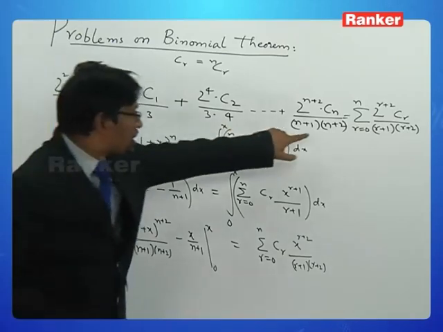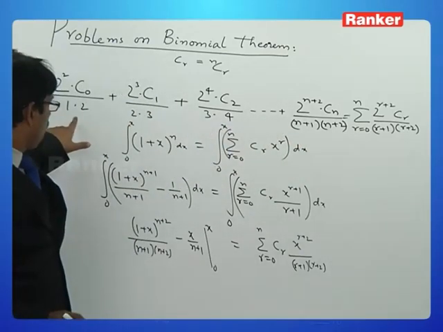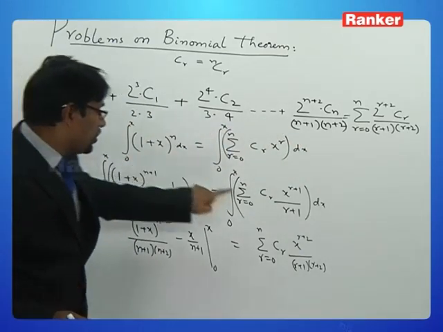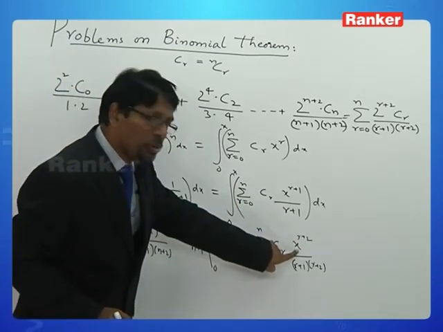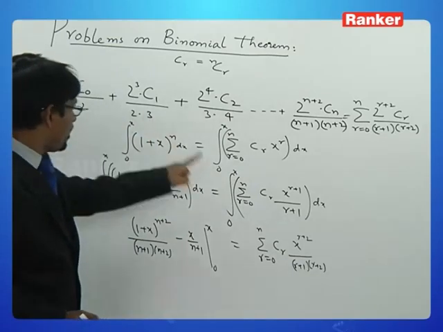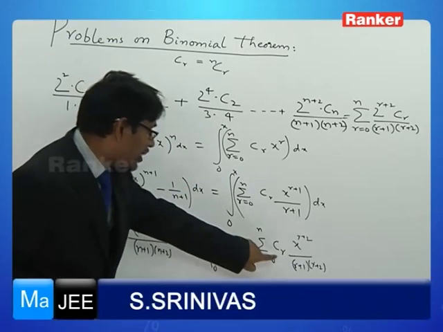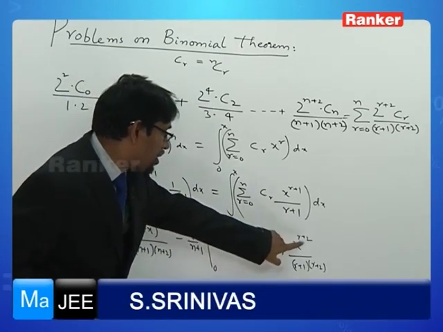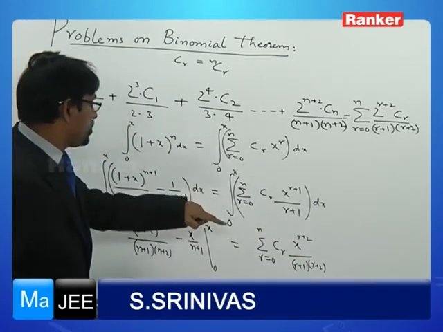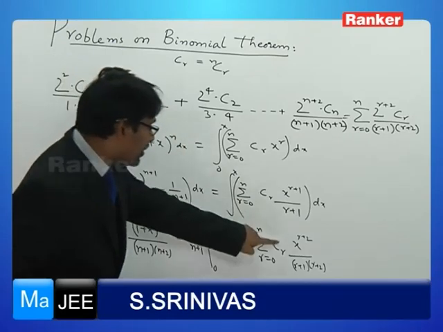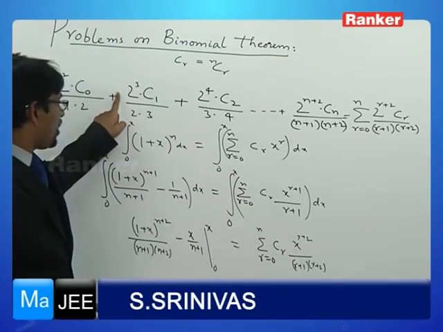Now in order to get this summation, if I put x equal to 2, this summation will match the right hand side. See here, C0 into 2 power 2 by 1 into 2, C1 into 2 power 3 by 2 into 3.